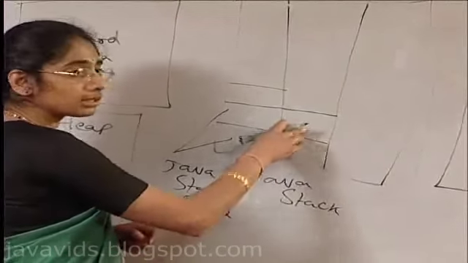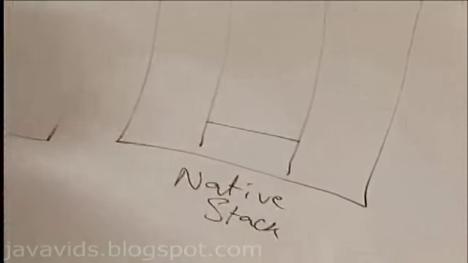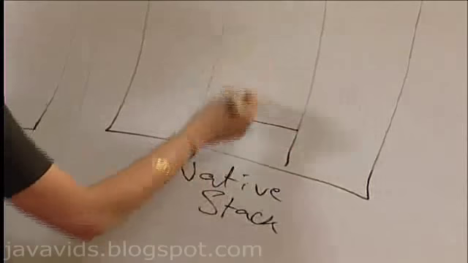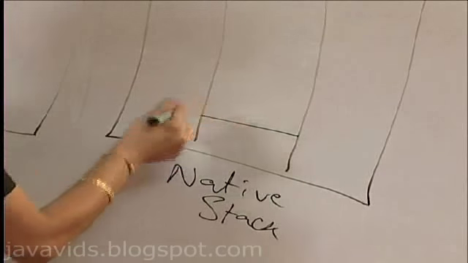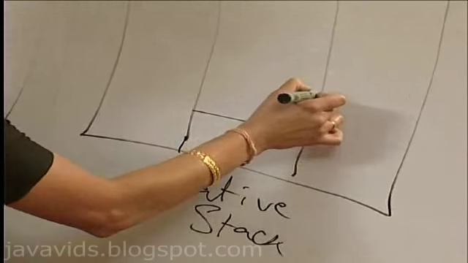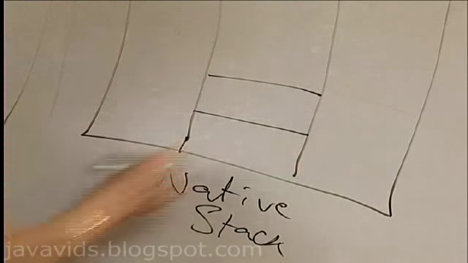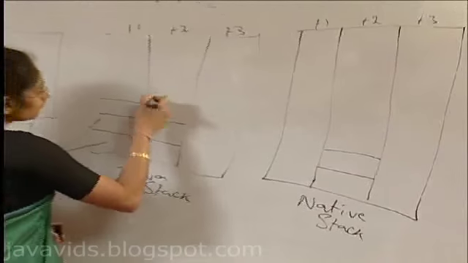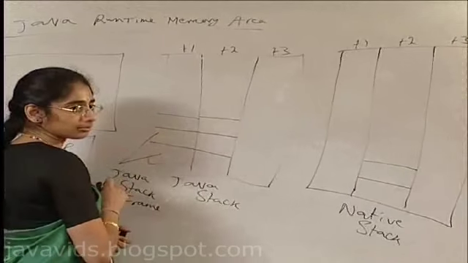Let's assume this method calls a native method, so you get a native stack frame here. And maybe this native method calls another native method, let's assume it's a C method, so you get a stack frame here that calls another C function which gets a stack frame here. This C function might be calling some Java method in return, which is possible. So for that you get a stack frame back here again.